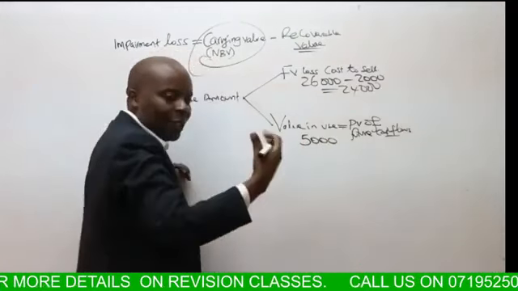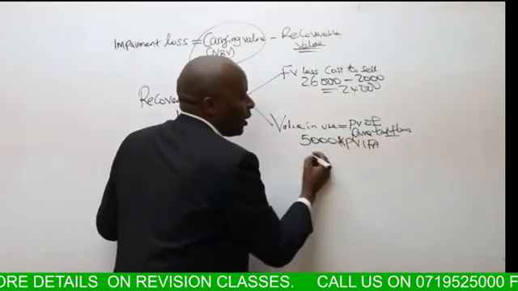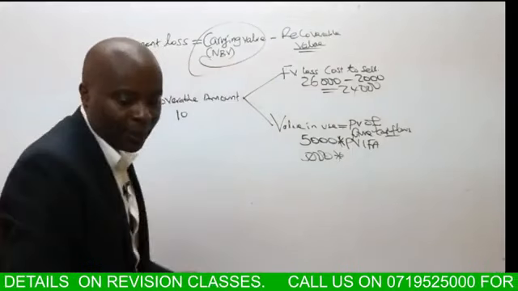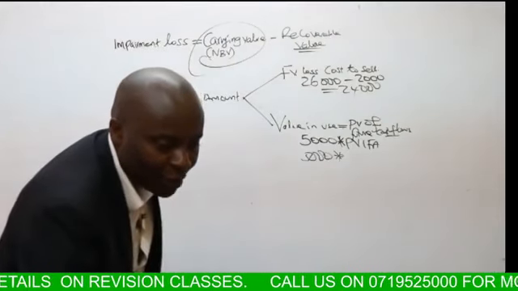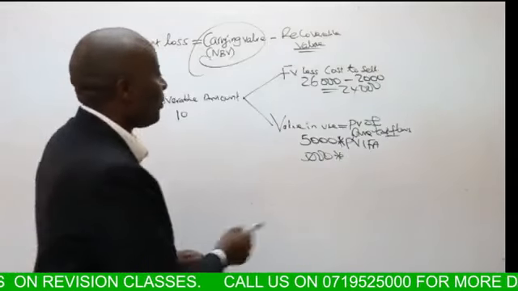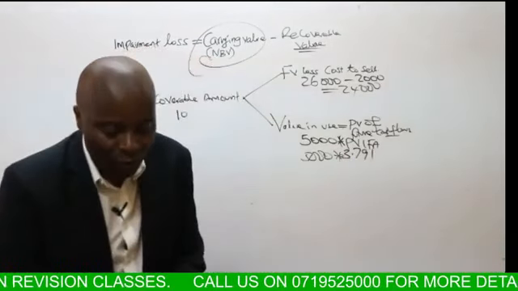It's an annuity, so this has to be multiplied with what we call PVFA. So it will be 5,000 times PVFA, which is 3.791.